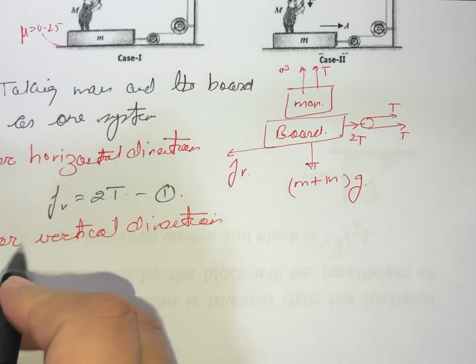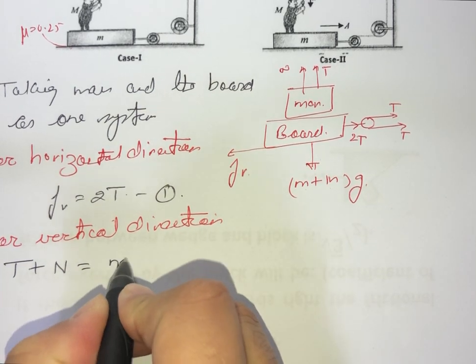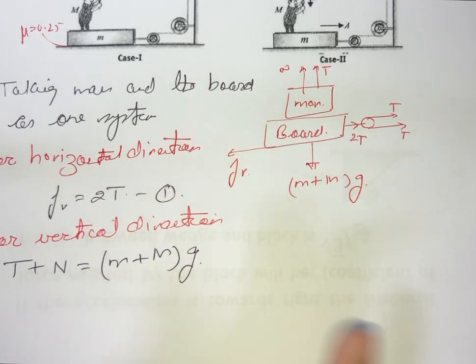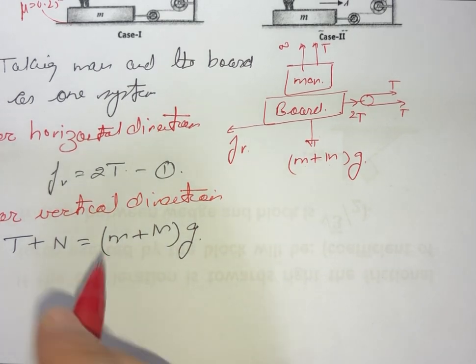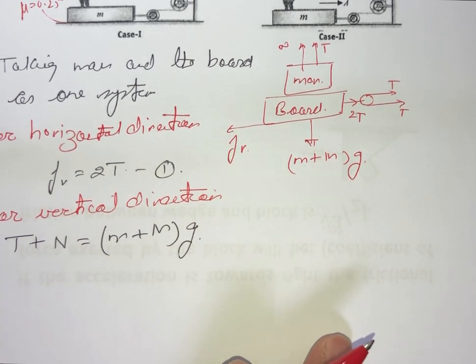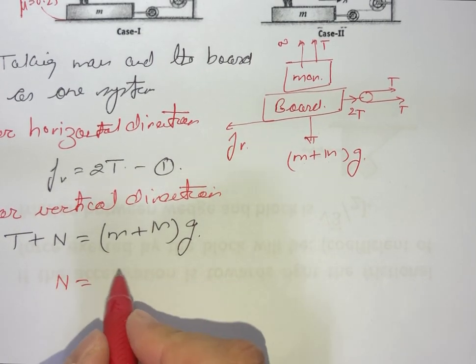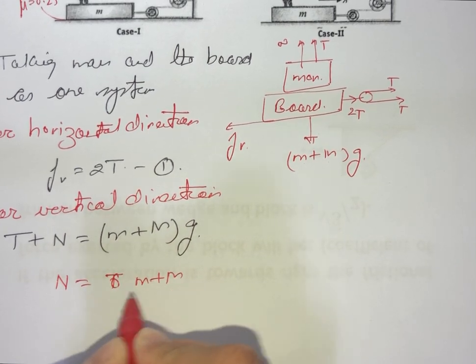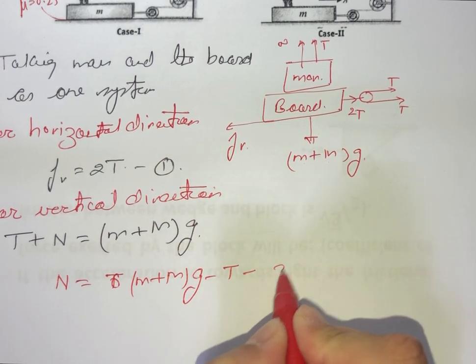We can say that T plus N is equal to m plus capital M multiplied by g. So from here we can find out the value of N, that is normal. You can say that N is equal to m plus capital M g minus T. Let us call this equation number 2.